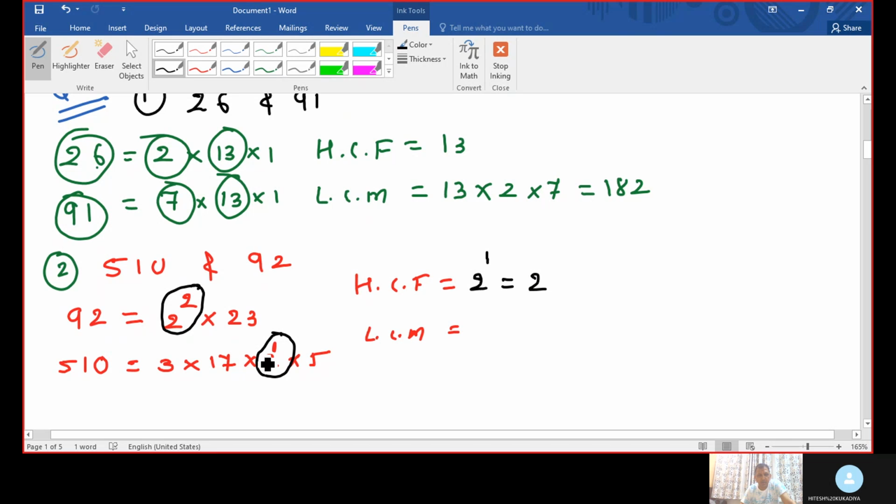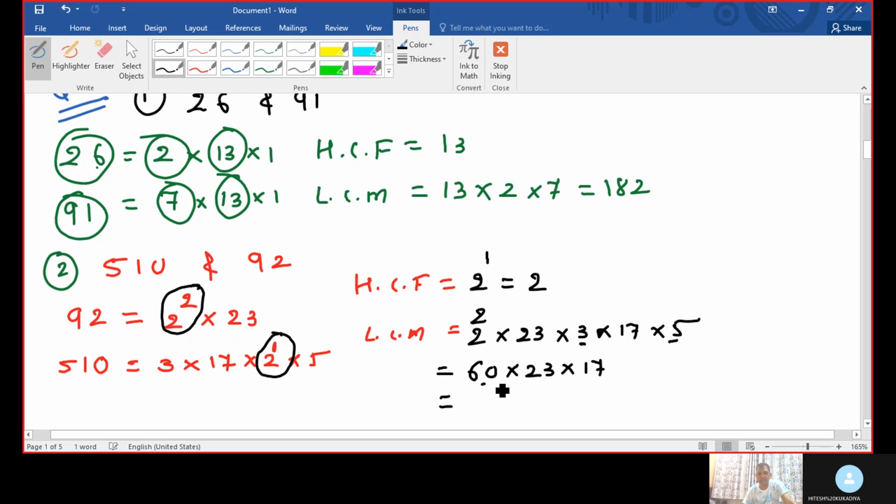The common factor is 2, but we write the highest power, so 2 raised to 2. Which factors are remaining in both numbers? 23, then 3, 17 and 5. Now 2 raised to 2 is 4, 4 3s are 12, 12 5s are 60. So 60 multiplied by 23 multiplied by 17.